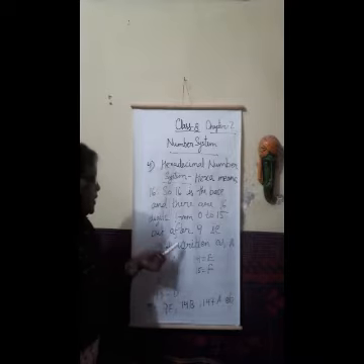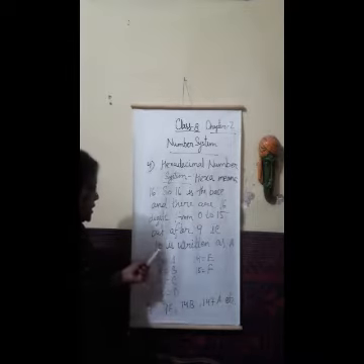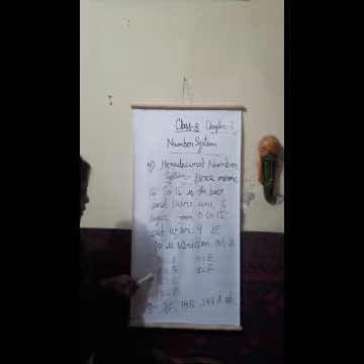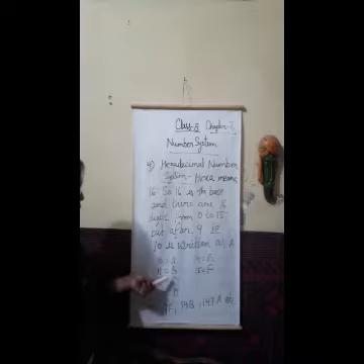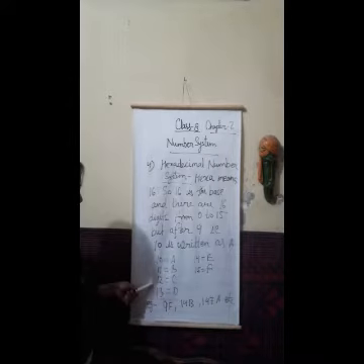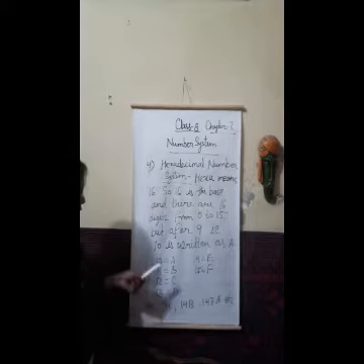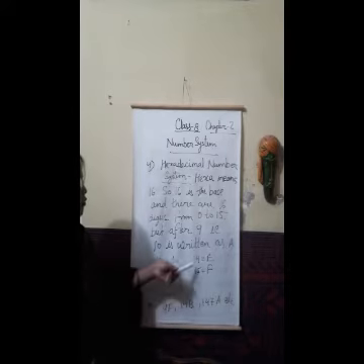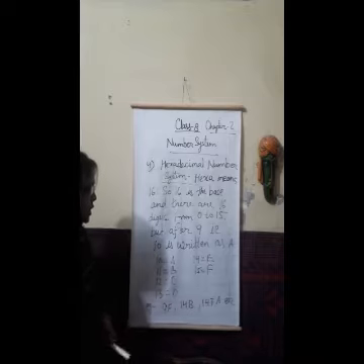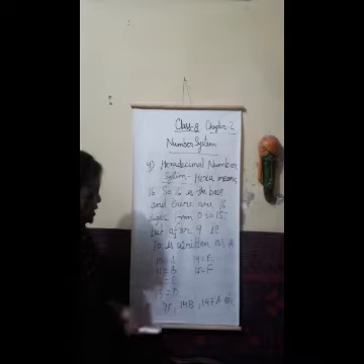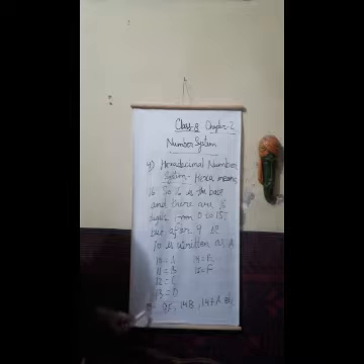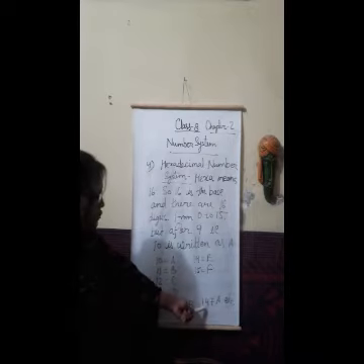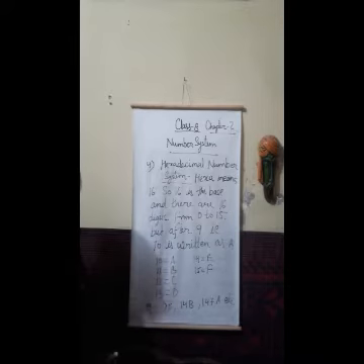But after 9, 10 is written as A and 11 is written as B. 12 is written as C. 13 is written as D. 14 is written as E. 15 is written as F. Example 9F, 14B, 147A, etc.